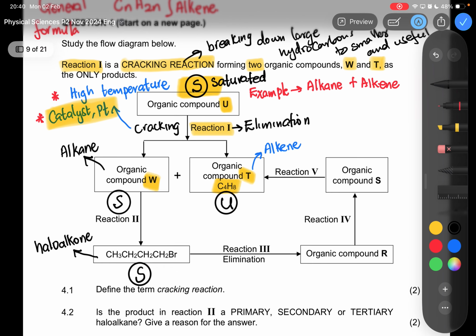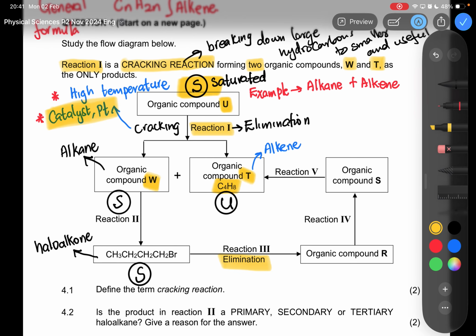And you must also know that all compounds that are saturated can undergo two types of reaction, which are elimination and substitution.